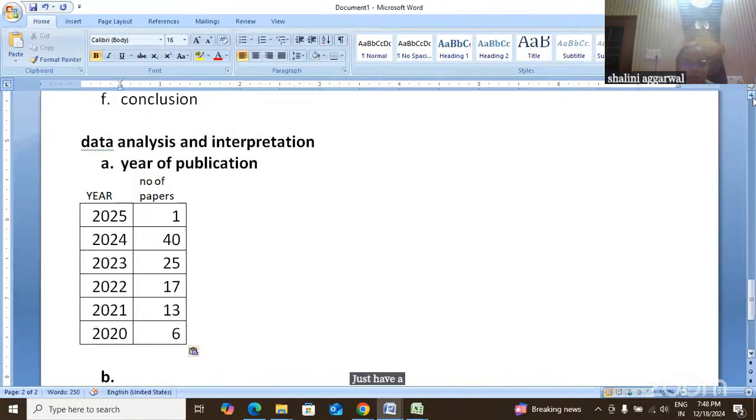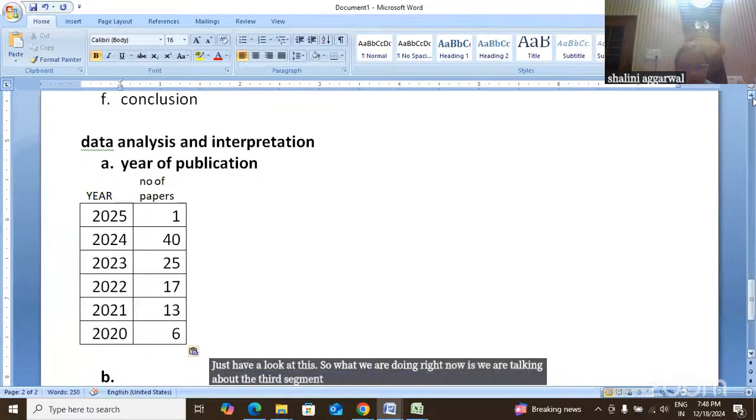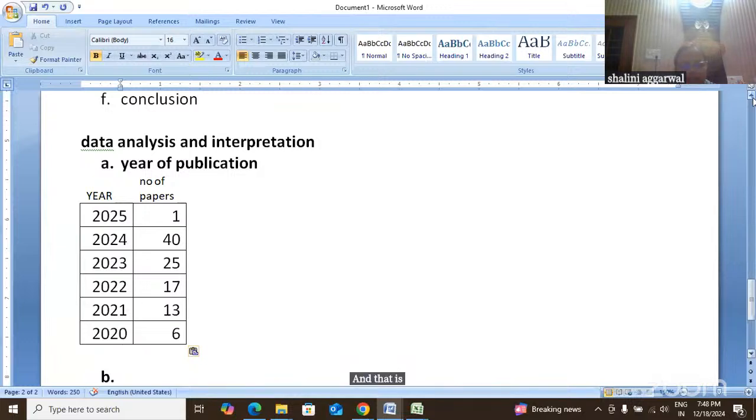What we are doing right now is talking about the third segment of the SLR paper, which is called data analysis and interpretation. For this, we need the CSV file that we have downloaded from the Scopus database.